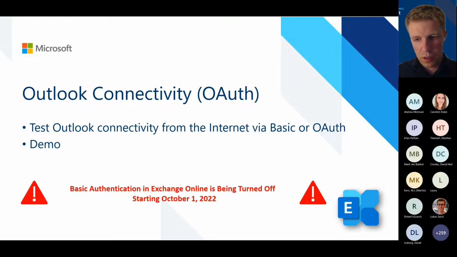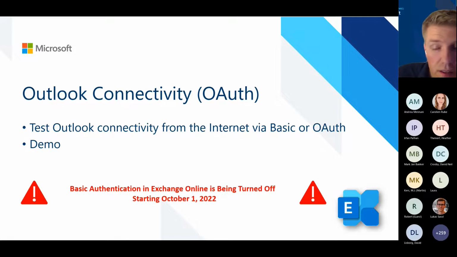There is not even one month left. Starting with October 1st, we are disabling basic authentication as a connection method for Exchange Online. So you won't be able to connect your Outlook or your email client via basic auth.